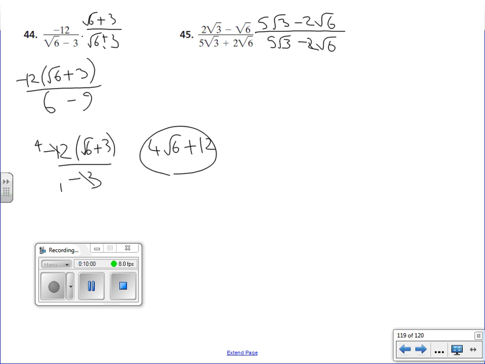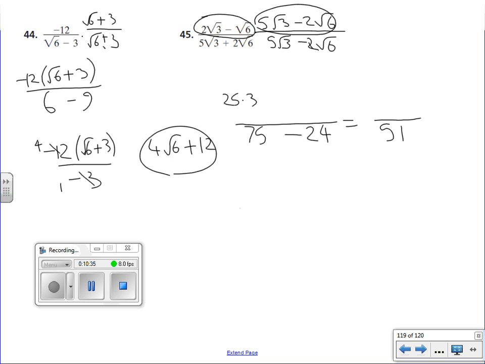So, first term squared is 25 times 3, which is 75, minus 2 root 6 squared. 2 root 6 squared would be 4 root 36, or 4 times 6, which is 24. 75 minus 24, that's our denominator, is going to give us 51 as a denominator.